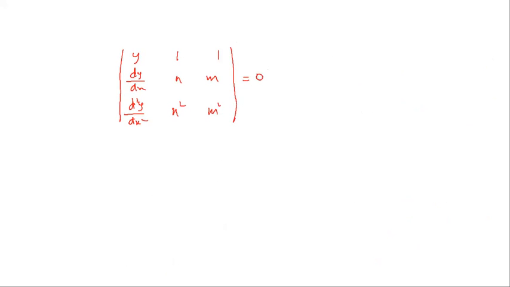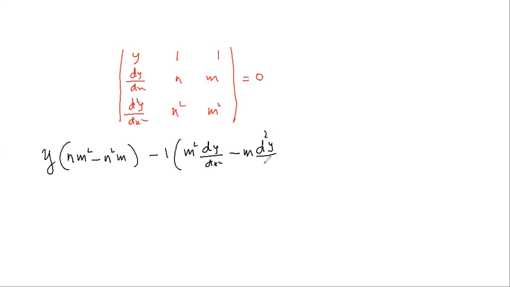So I'm going to expand now. When I expand, y into (nm square minus n square m), minus 1 into (m square dy by dx minus m d2y by dx2), plus 1 into (n square dy by dx minus n d2y by dx2).